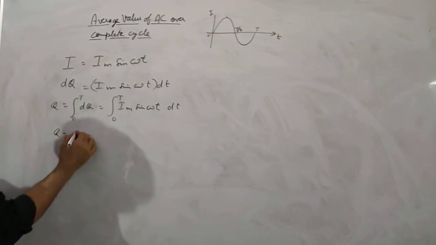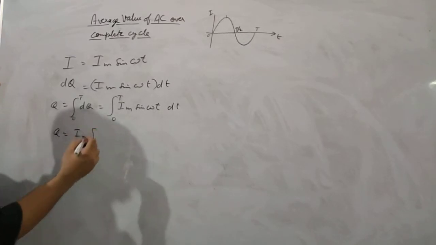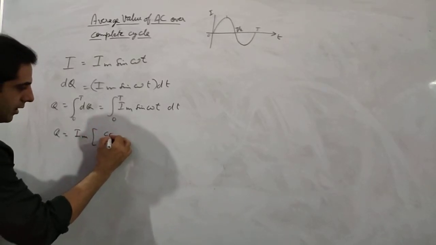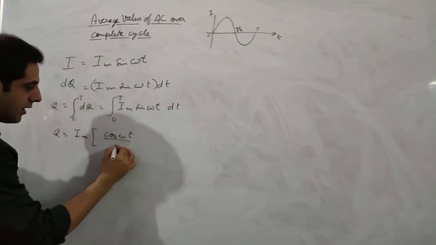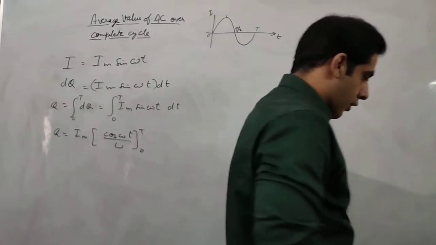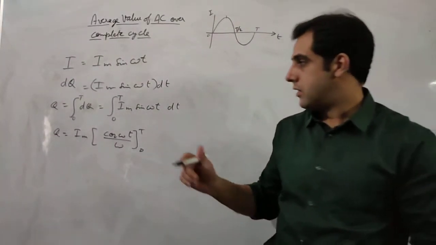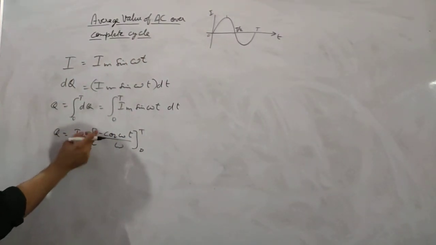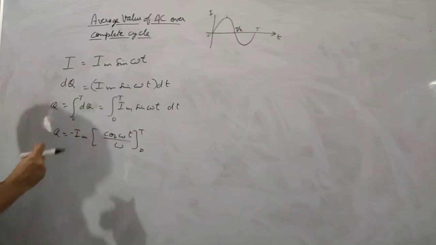So the total charge will be the integration of sin omega t. Integration of sin omega t is minus cos omega t upon omega, and the limit applied will be from 0 to T. So we'll take the minus outside here.